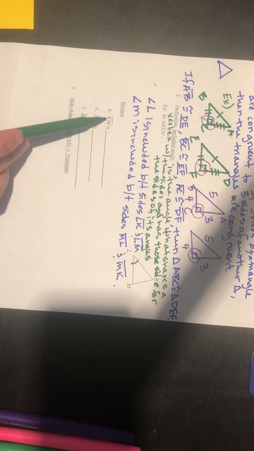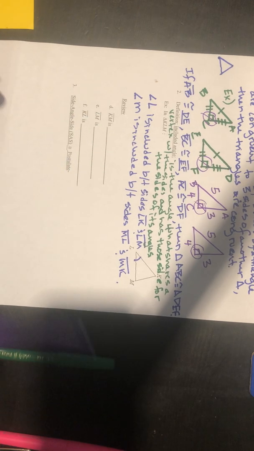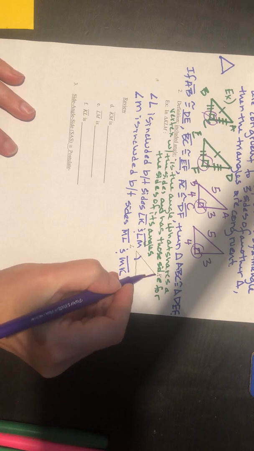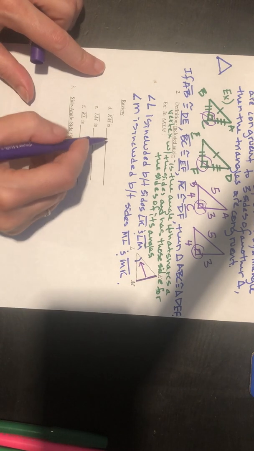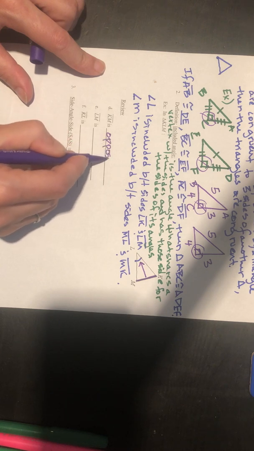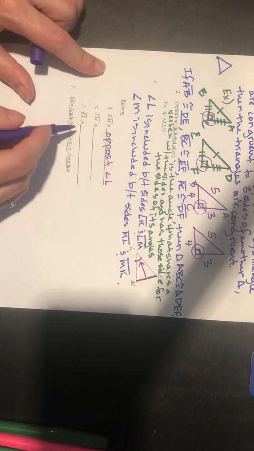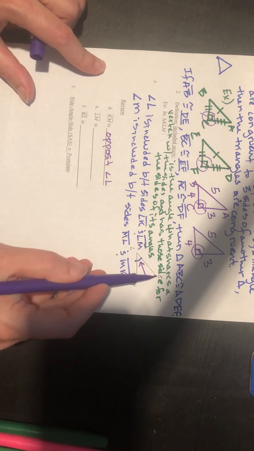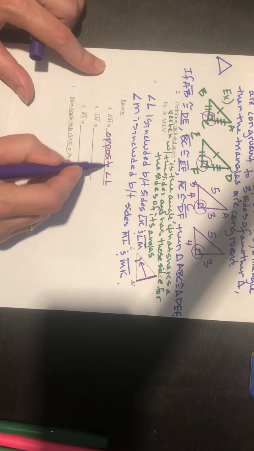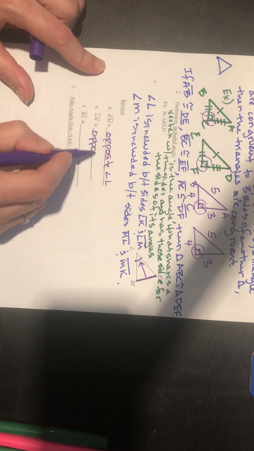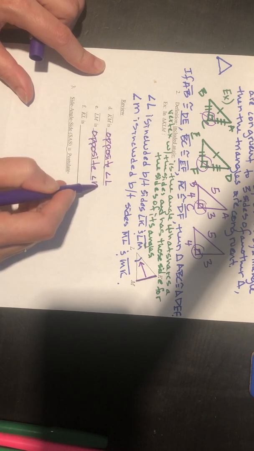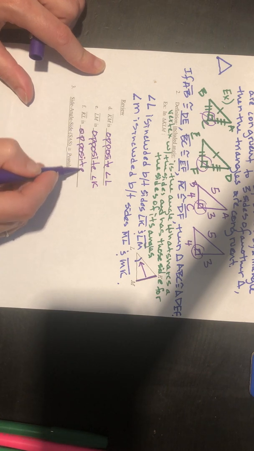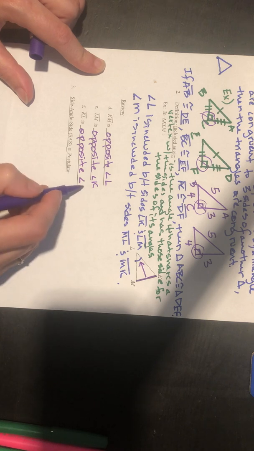So KM over here, this segment is opposite L. So KM is opposite angle L. LM is opposite what? LM is opposite K. And KL is opposite angle M.